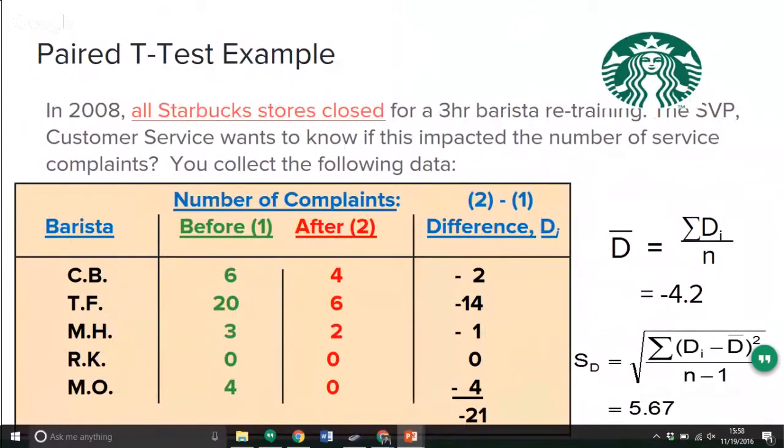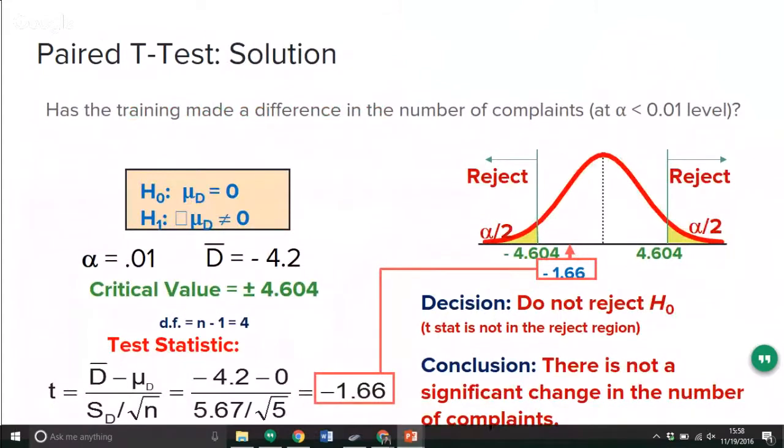So this is an instance where the 21-complaint difference seems like it might be significant, and that's why we use inferential statistics, because that 21-complaint difference ends up statistically not being different, which means that if we sampled the population 100 times, 95% of the times we would come to a similar conclusion.